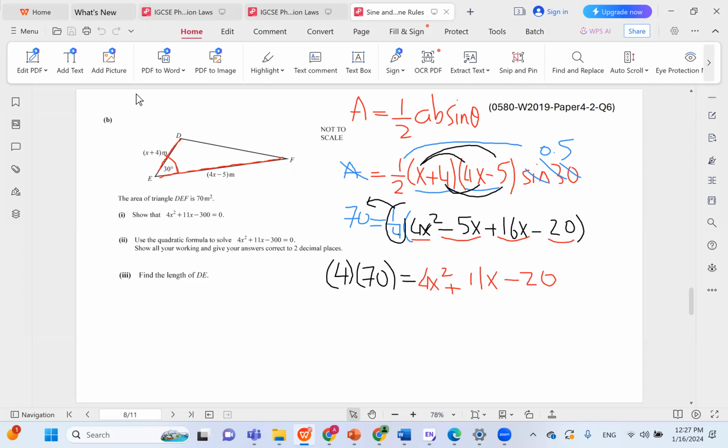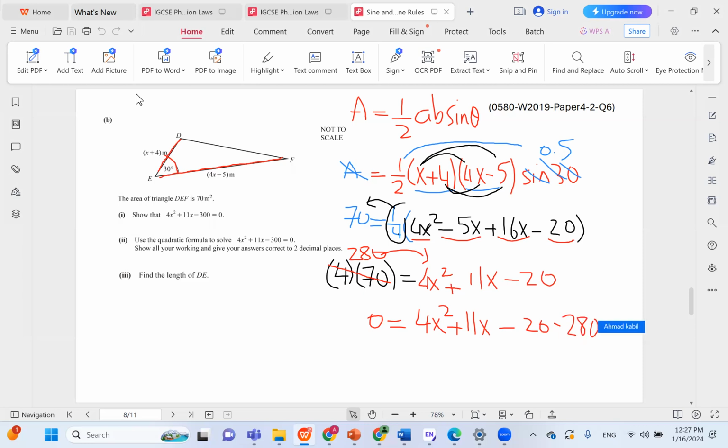So we're done. Now we can just multiply these out. We get 280. And then we can take the 280 to the other side. It will be negative, of course. So we get 0 equals 4x power 2 plus 11x minus 20 minus 280.